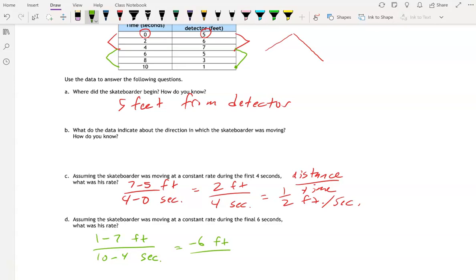And 10 minus 4 is 6 seconds. -6 feet over 6 seconds. We can simplify that. That ends up being -1 feet per second. -1 feet per second. Okay?